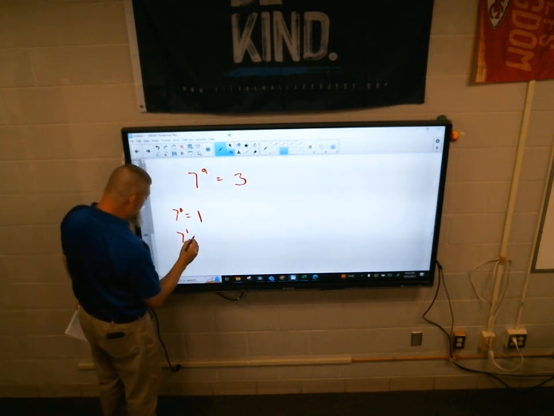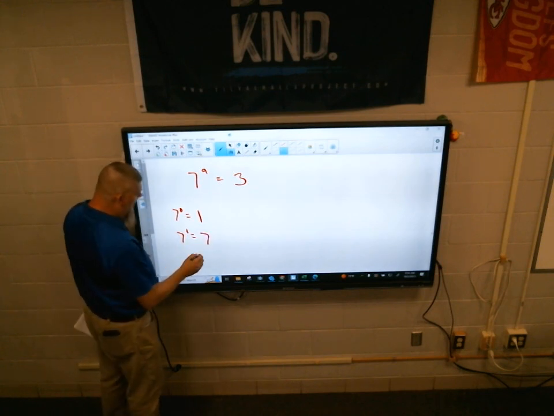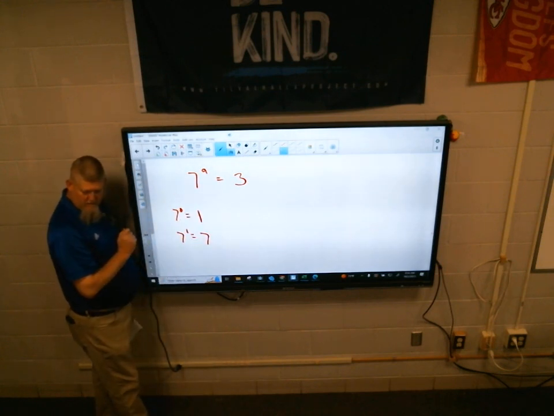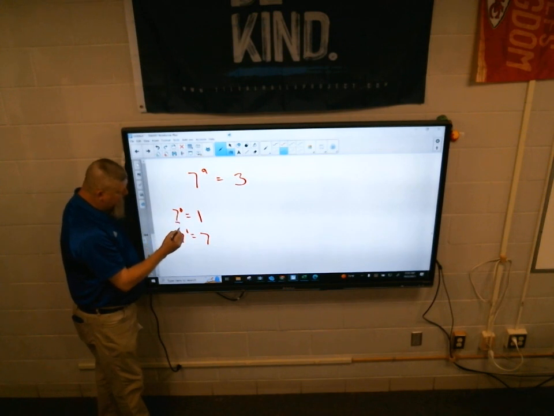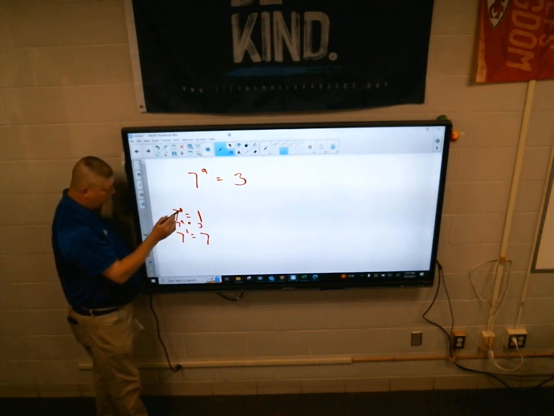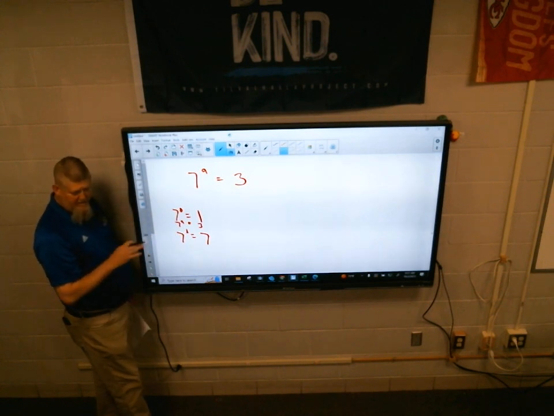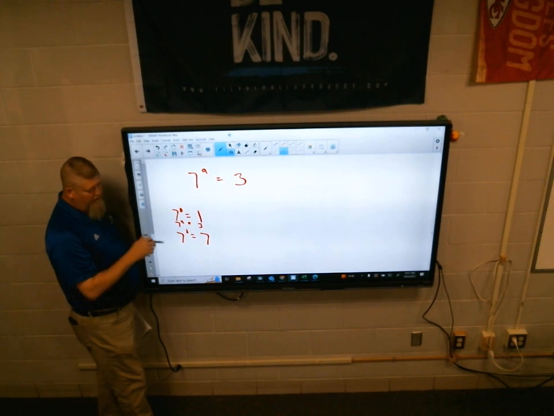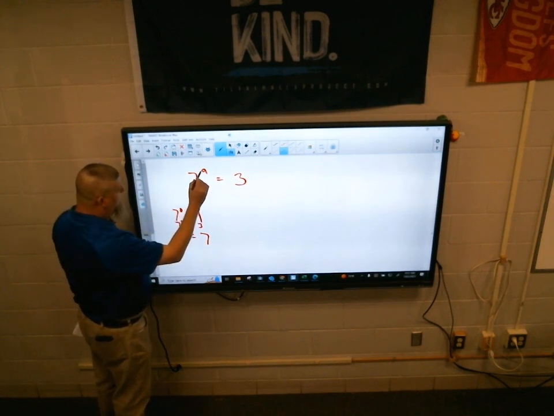What is 7 to the first power? 7. Well, I want it to be 3. So 7 to what power is going to be 3? It's going to be somewhere between 0 and 1, some sort of fraction, decimal, maybe an irrational number. And it's very, very difficult to find what that is.